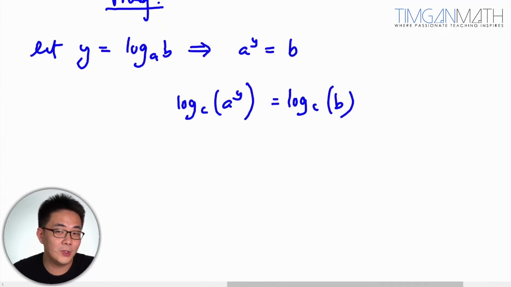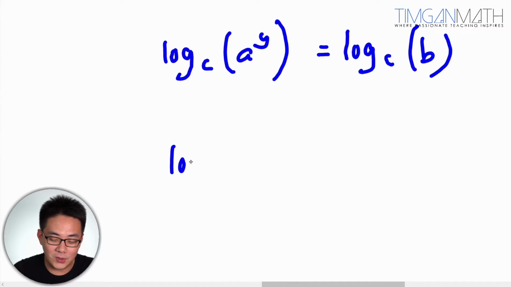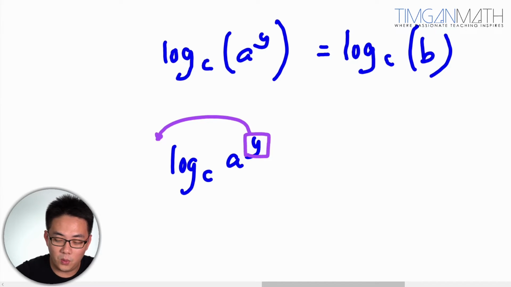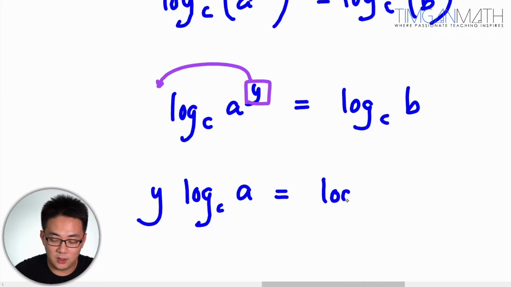Once you've done the log c, this is the interesting part. We have already learned the power law, so we just bring the power down, and we get log base c of b equals y log base c of a.